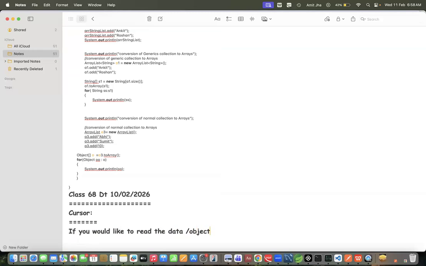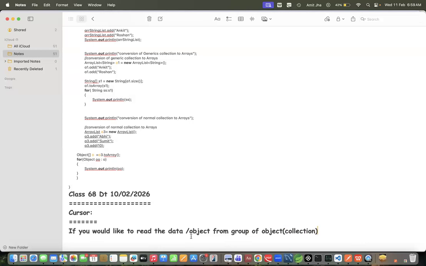If you would like to read the data or object from where? Collection. You can say a group of objects. A group of objects itself is called a collection.